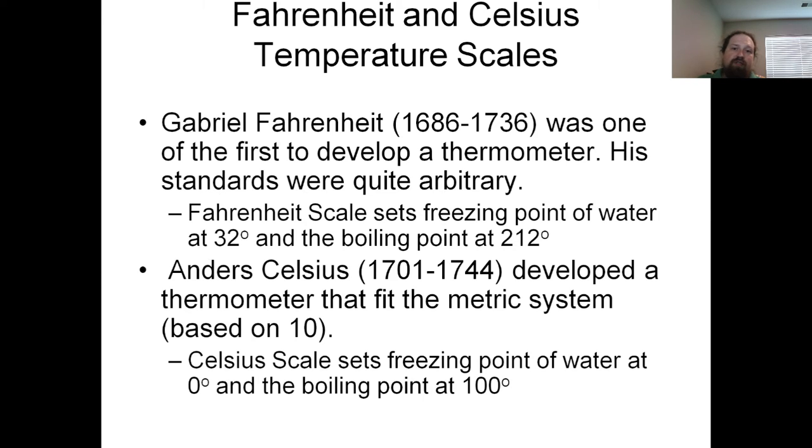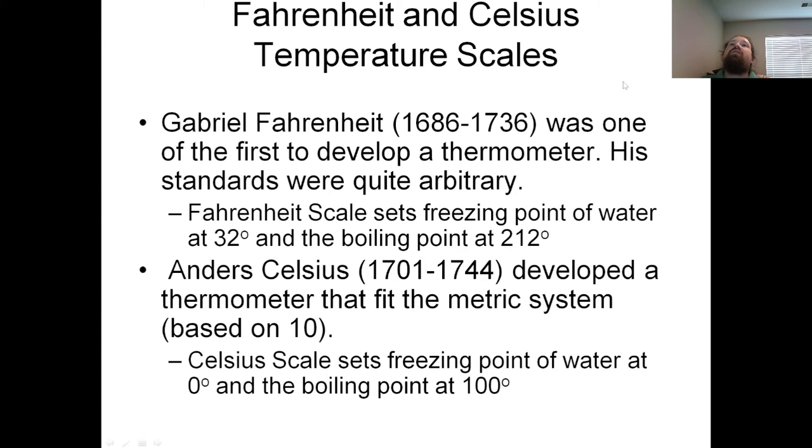The very first temperature scale ever invented was the Fahrenheit scale, which is the one we use in the United States, for better or worse. And it was invented by a man named Gabriel Fahrenheit. And I believe that he was from a northern European country, a very cold place.